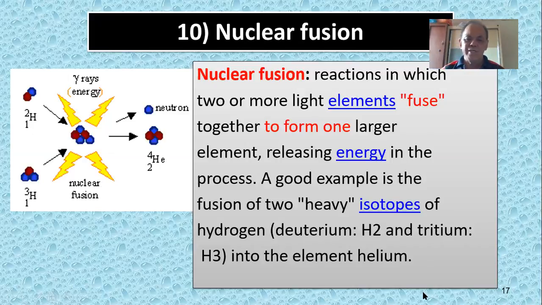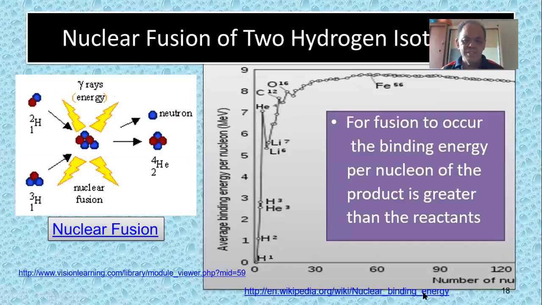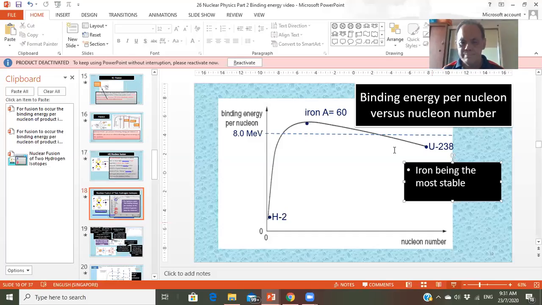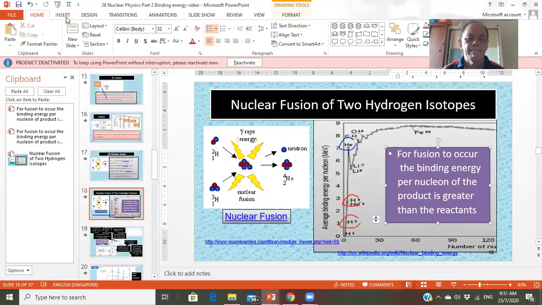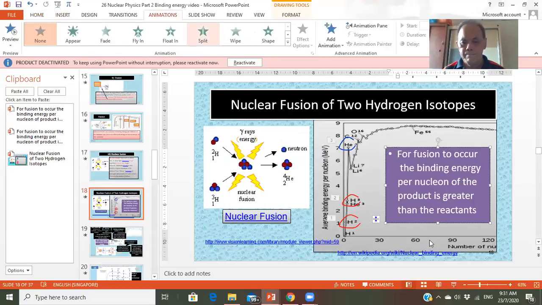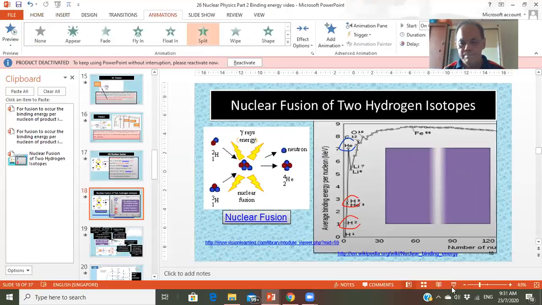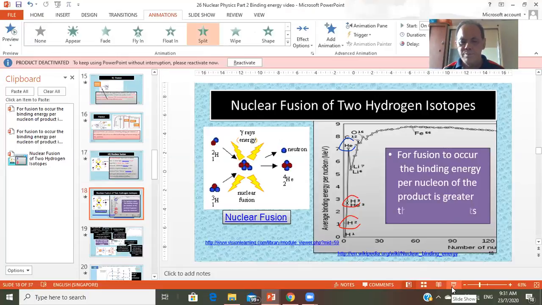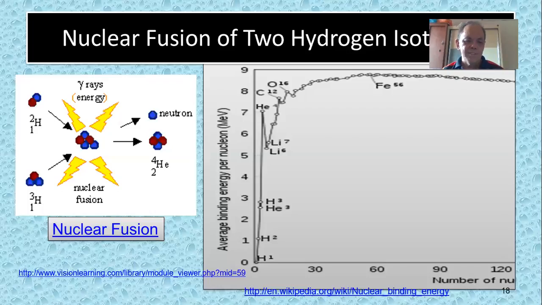Likewise, we can also show that on the binding energy per nucleon against nucleon number graph. In the reaction, there's your deuterium, there's a tritium, and there's a helium.